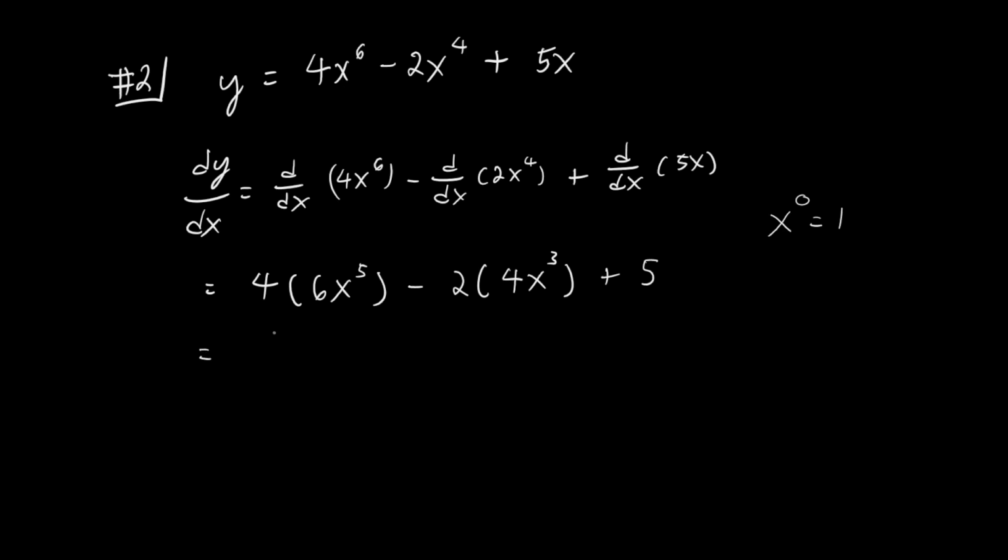So the final answer is 4 times 6 is equals to 24. Therefore, 24x raised to 5 minus 2 times 4 is 8, 8x raised to 3 or 8x cubed plus 5. And this is our final answer.